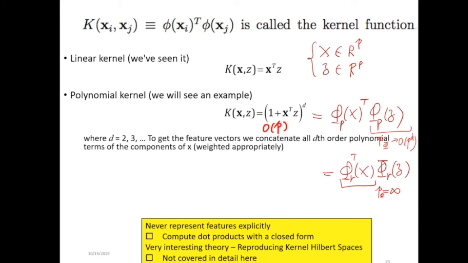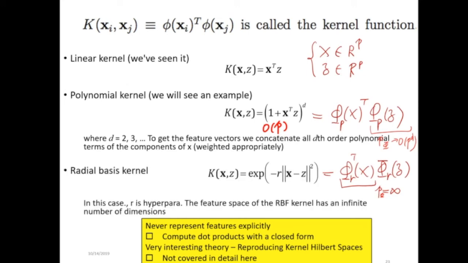So this is what we mean: the kernel trick is an efficient way to extend into the phi(x) representation. And there's another one much more interesting called the RBF kernel, which is this form. In fact, this is extremely simple, right? It's also O(p).